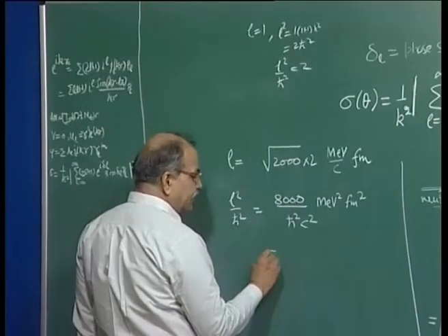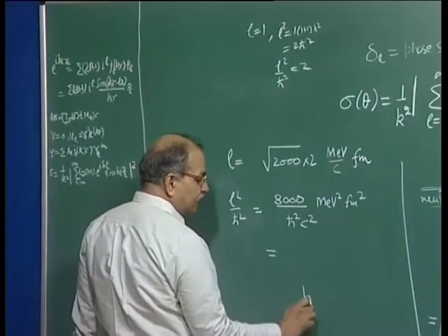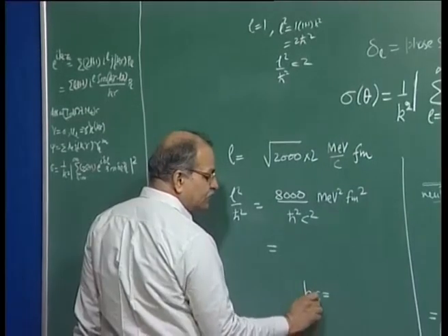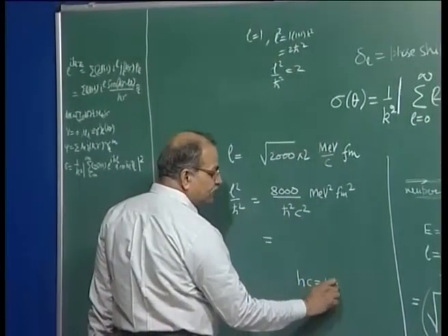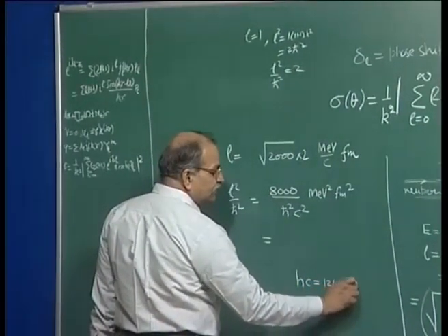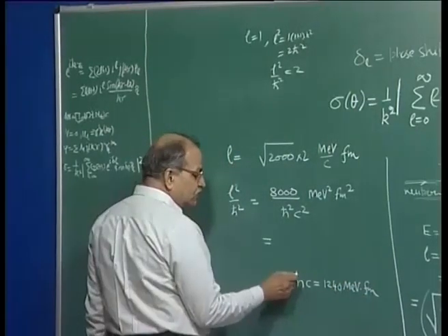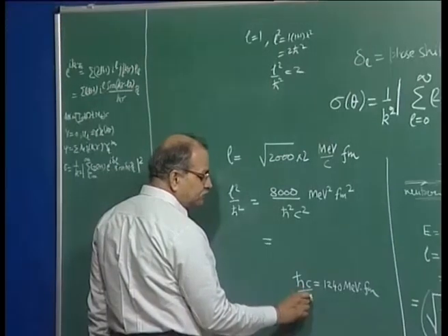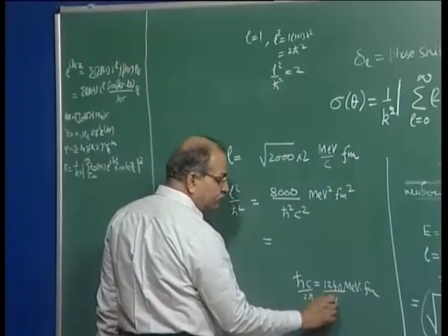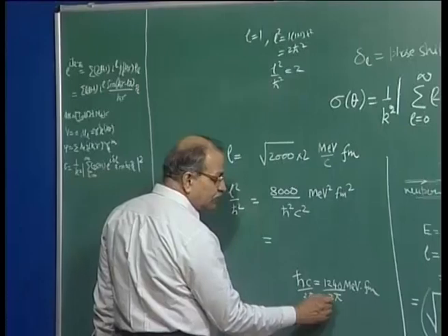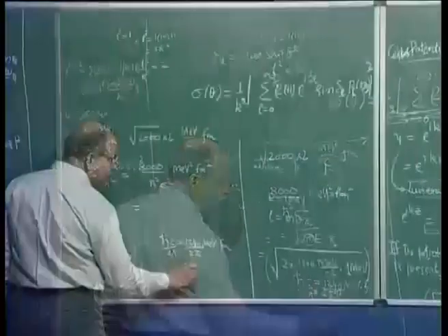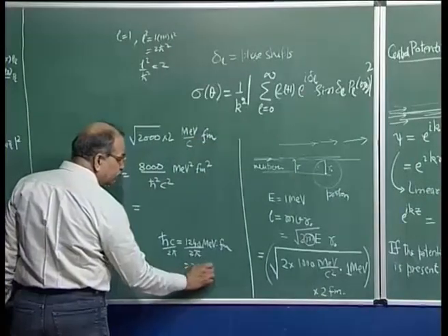Now, how much is this ħc? You remember hc is 1240 MeV femtometer. ħ means divide by 2π, so about 200.